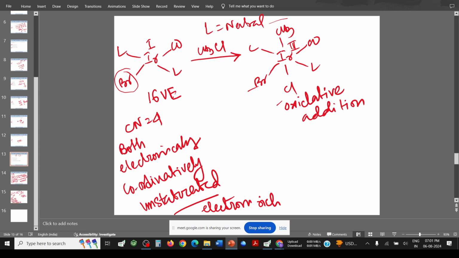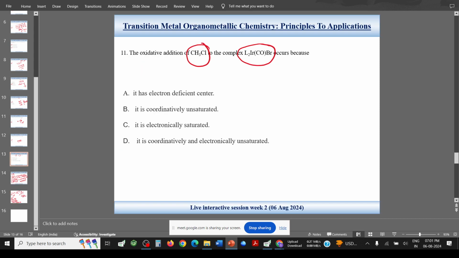So back to the question again. The first option says the complex has an electron deficient center. Is this correct? Because it is in +1 oxidation state, it is an electron rich center, not an electron deficient center. The second option says it is coordinatively unsaturated. Yes, because here the coordination number is 4, so this option can be correct.